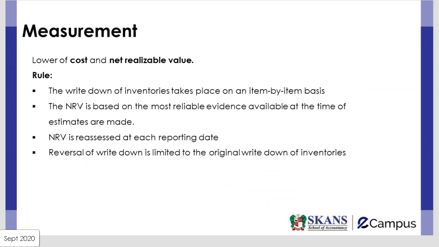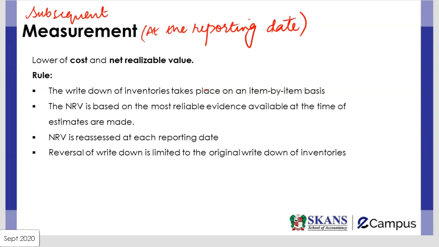Now we come to the next measurement portion. In case of measurement, this can also be called subsequent measurement or measurement at the reporting date. As I mentioned earlier, during the year when we purchase the inventory, we record it as an expense under the name of purchases.